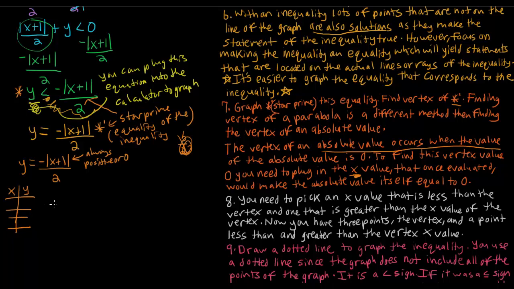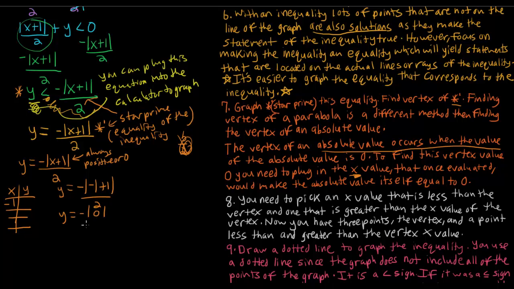Okay, so what plus 1 would make this equal to 0? Well, negative 1. Because if you have y equals negative absolute value of negative 1 plus 1, over 2, you'll get y equals negative, 0 over 2, because negative 1 plus 1 is just 0.